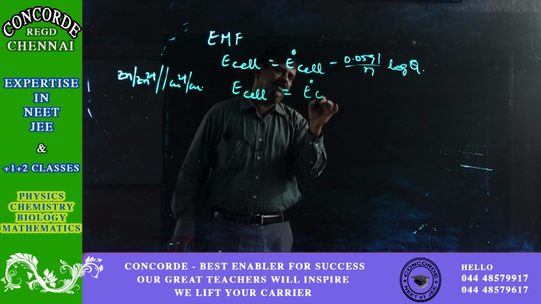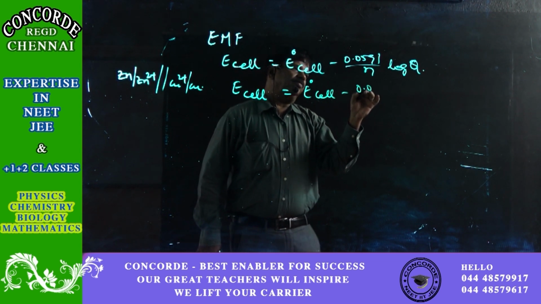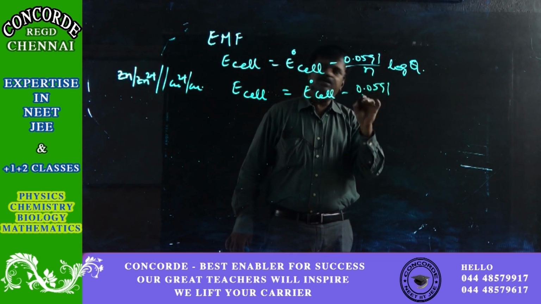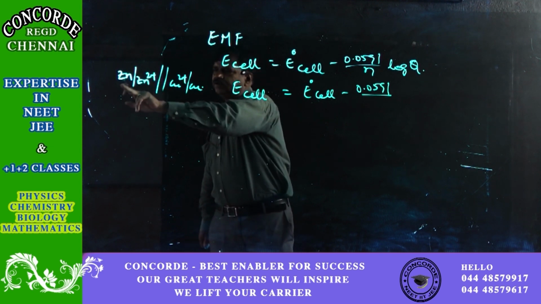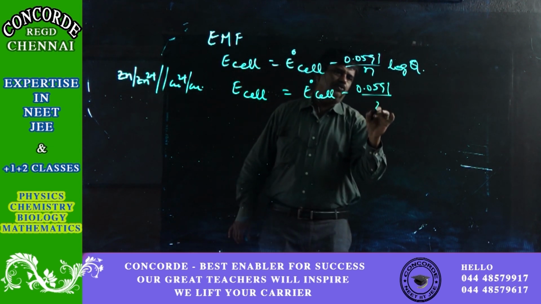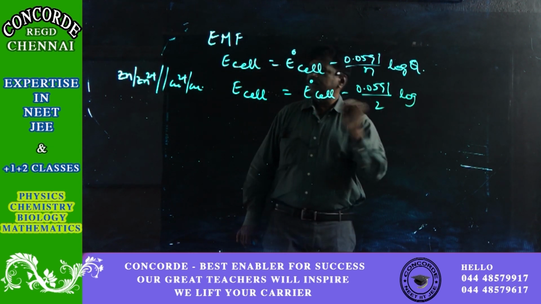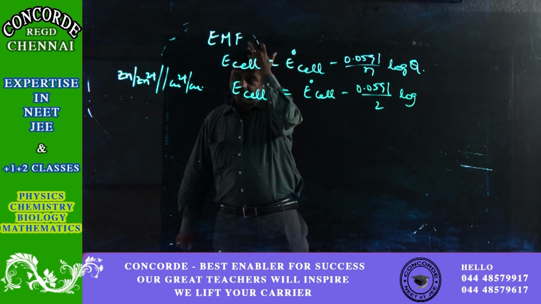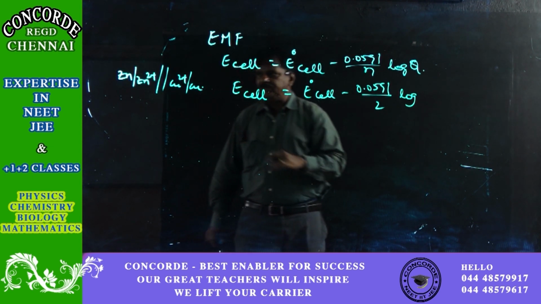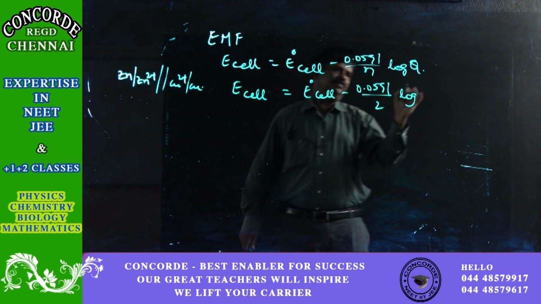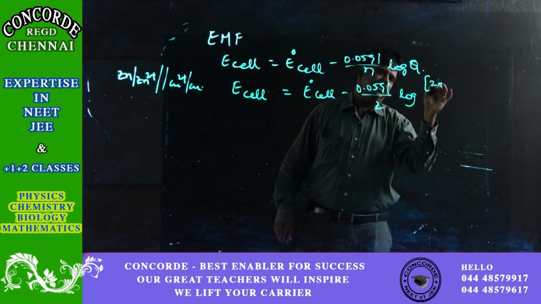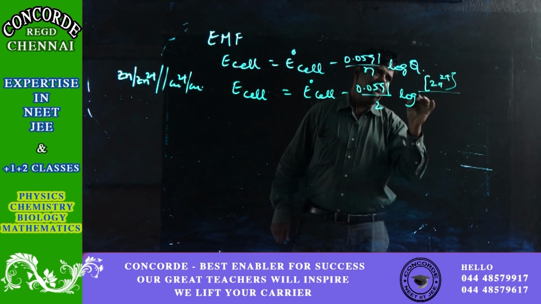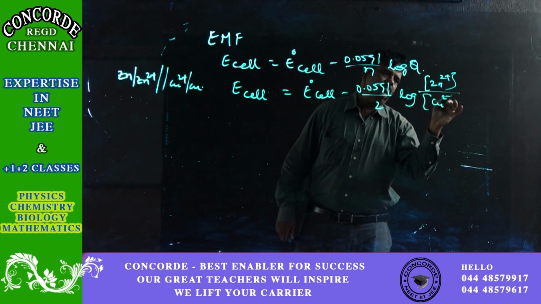It will be E naught cell minus 0.0591 by 2, since the number of electrons involved is 2, into log of Zn2 plus, which is formed as the product here, divided by Cu2 plus.